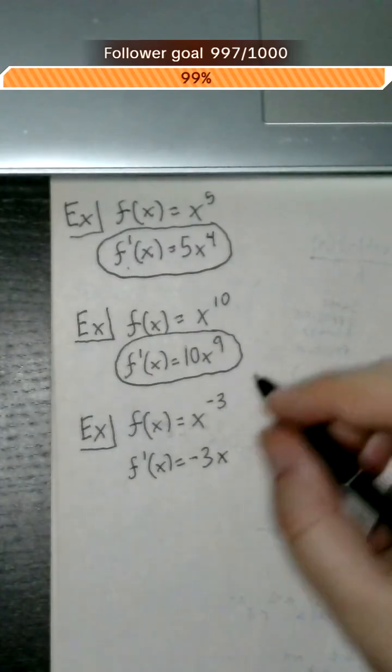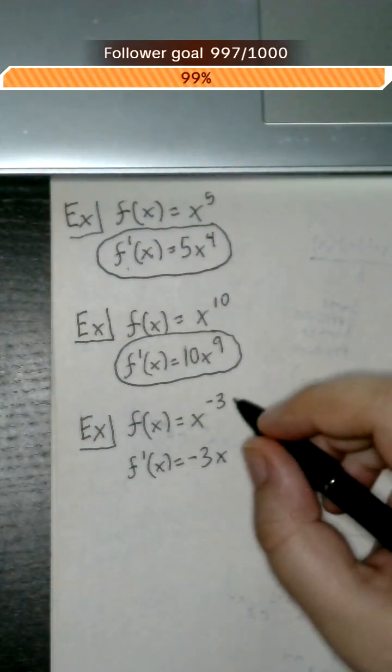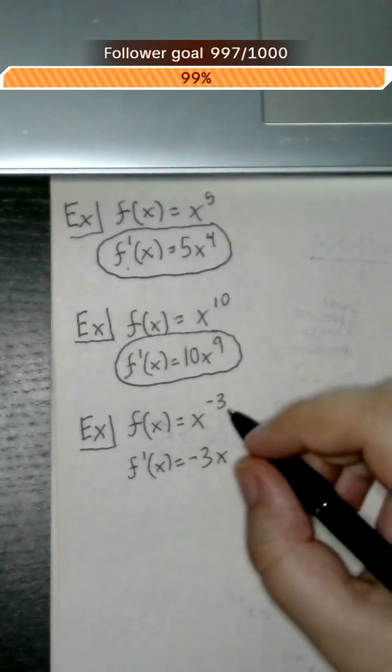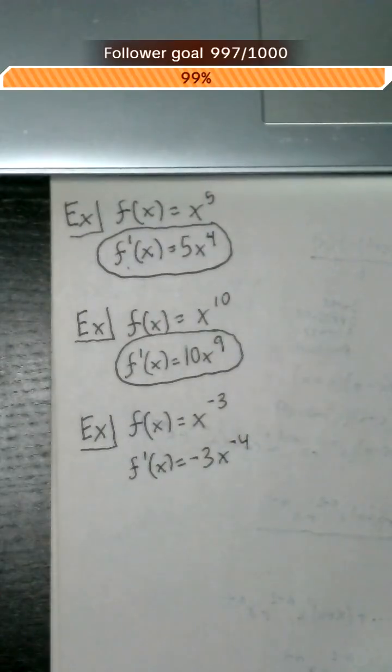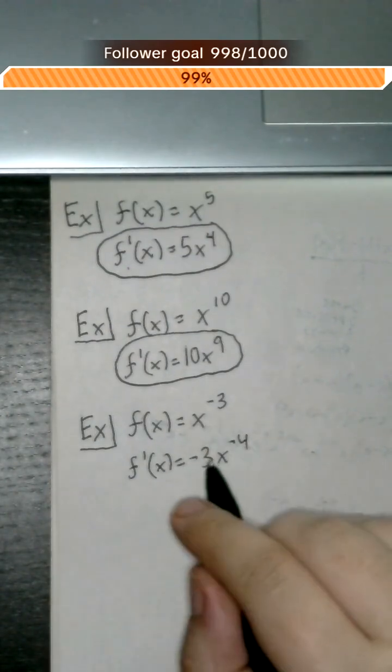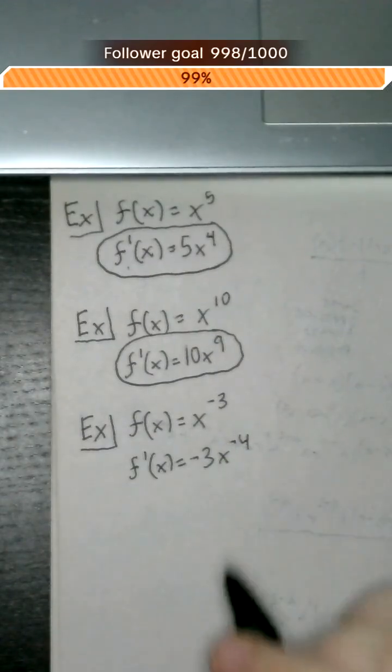So negative 3 minus 1. If you already owe me $3 and then you owe me another $1, you now owe me $4. But remember, I like to have positive exponents.